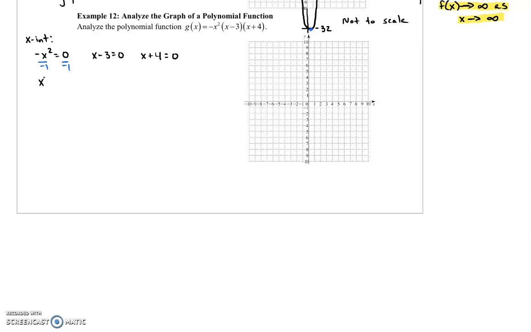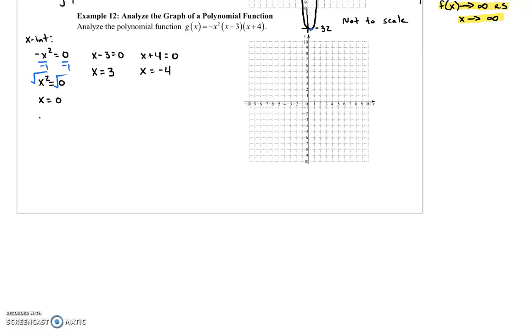That gives us x squared equals 0, and then we can take the square root of both sides and x equals 0. Second one, we just add 3 to both sides, so x equals 3. And the third one, we subtract 4 from both sides, so x equals -4.